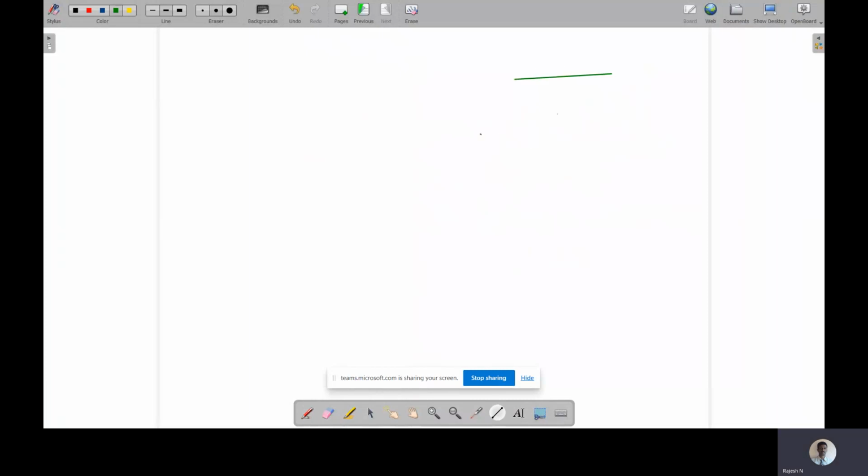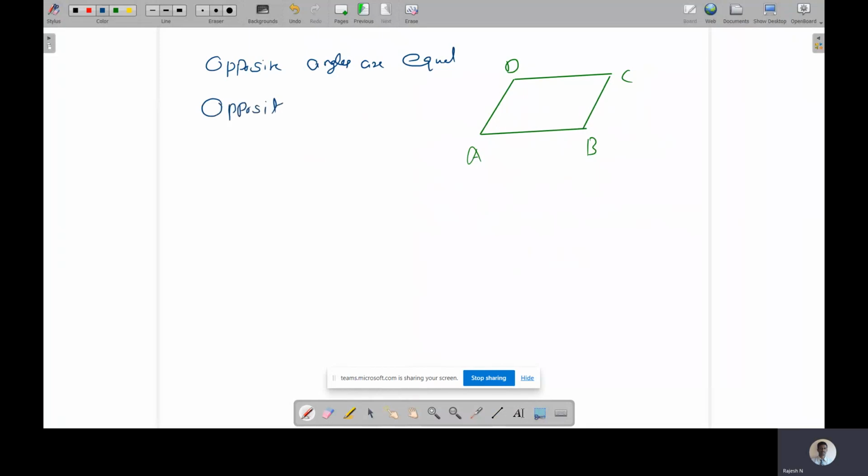What is a parallelogram? If both pairs of opposite sides are parallel, then we call it a parallelogram. What is the specialty of a parallelogram? Opposite angles are equal. Opposite sides are equal and parallel.